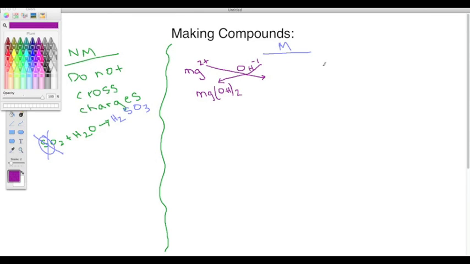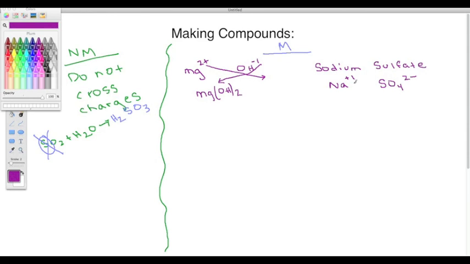Let's say, for example, I want to combine sodium and sulfate. So sodium and sulfate. All right, so Na, if you look at your periodic table, has a +1 charge. Sulfate, SO4, has a 2- charge.